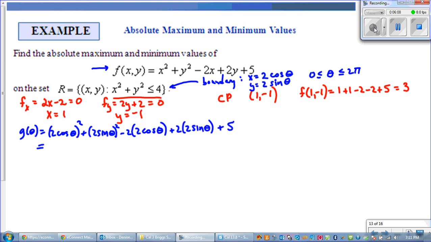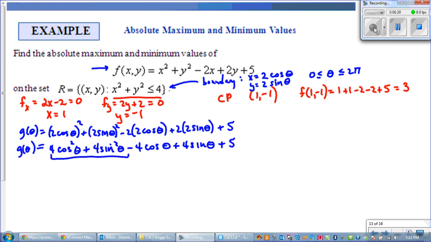Expanding, combining the first two terms and factoring out a 4, you have 4 times sine squared plus cosine squared, which if you remember your trig identities, in parentheses is just a 1.